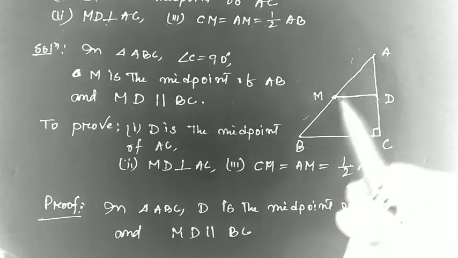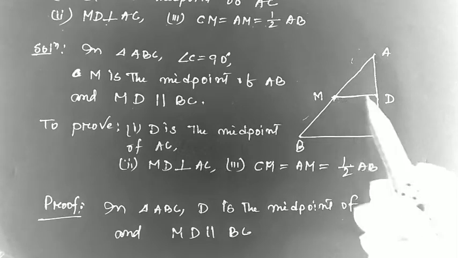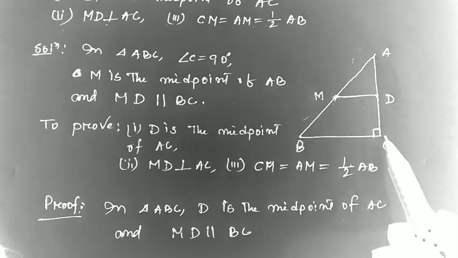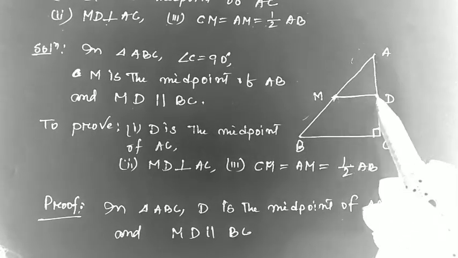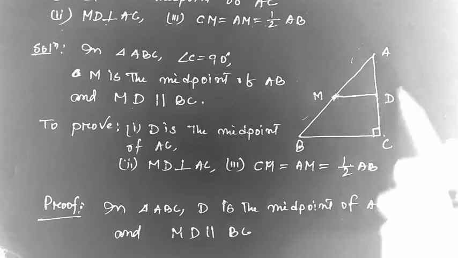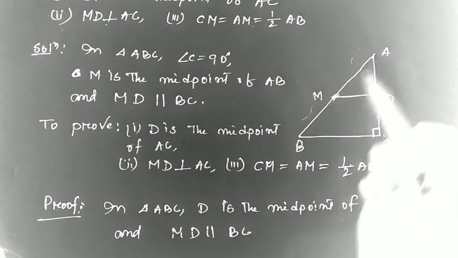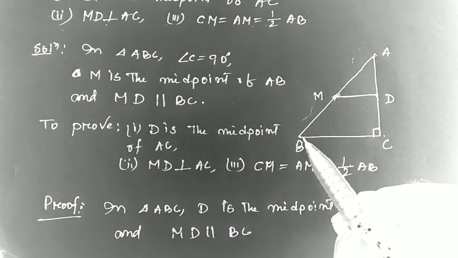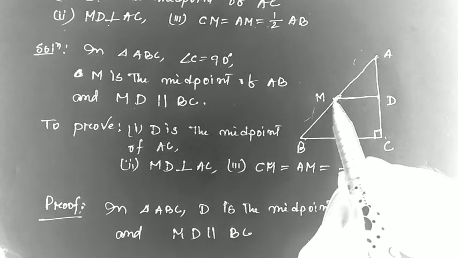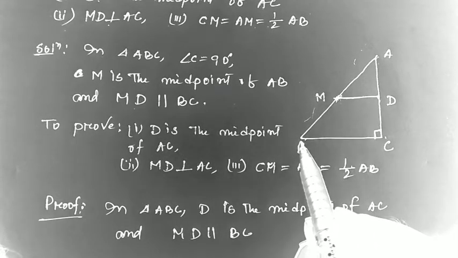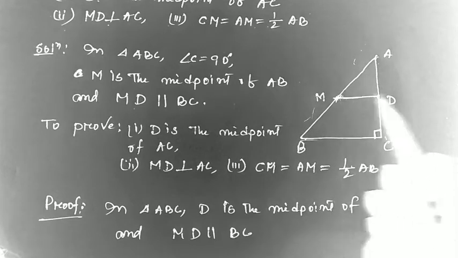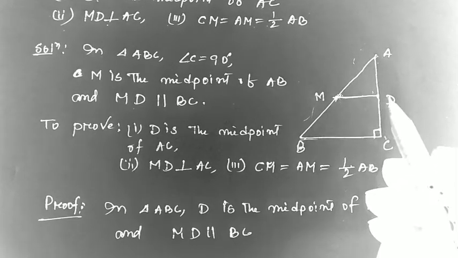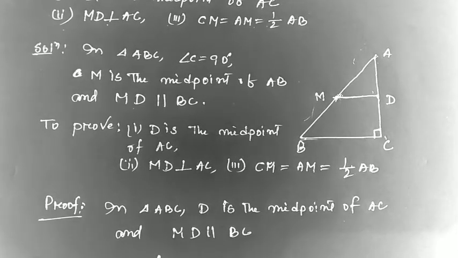We know that when a line passes through the midpoint of one side and is parallel to another side, then it bisects the third side. That means in this triangle, M is the midpoint of this side and a line passing through this midpoint is parallel to BC, so it will bisect the third side.